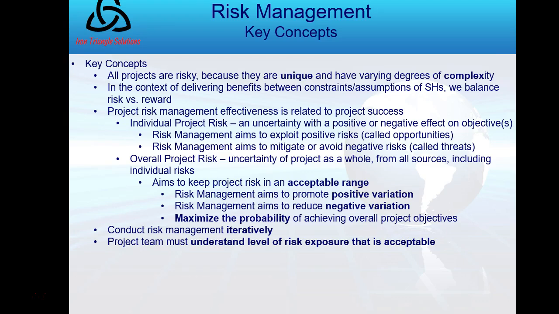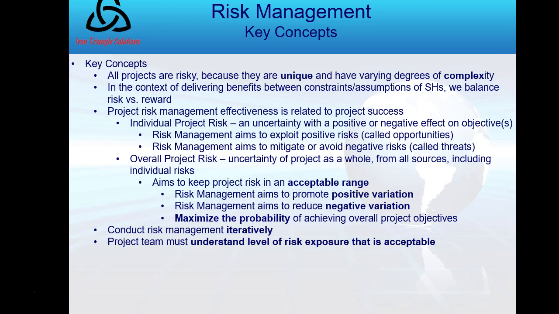So there are individual risks. Now, new to the PMBOK guide is this sense of overall project risk, separate from the individual risks. This is uncertainty for the project as a whole, from all sources, including the individual risks. We'll define a range of risk that's acceptable, and overall risk seeks to keep it within that range.